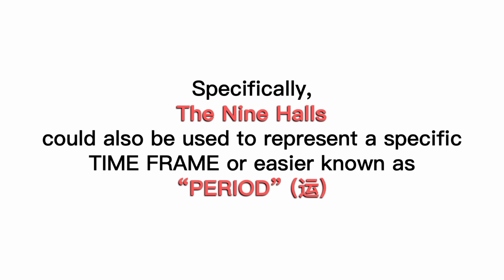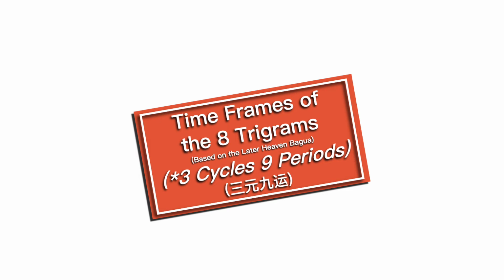Specifically, the 9 halls could also be used to represent a specific time frame, or easier known as period. Here we could see the time frames of the 8 trigrams are represented by the 9 halls.